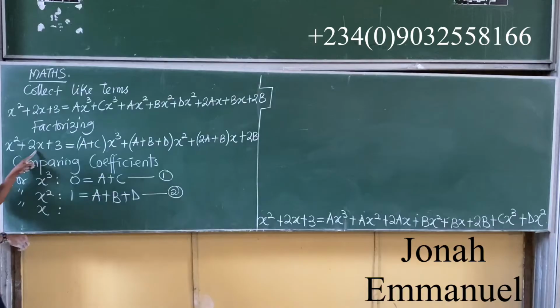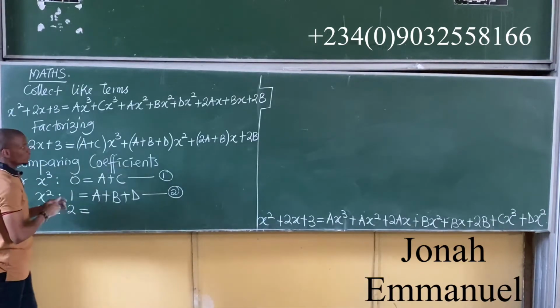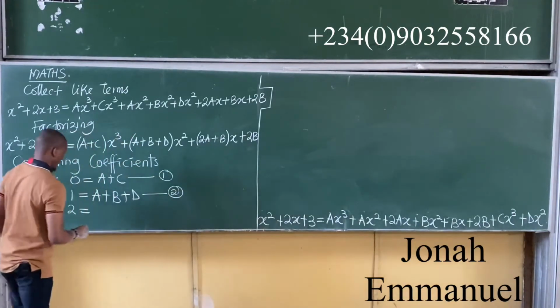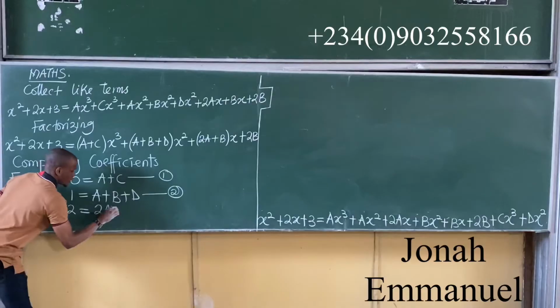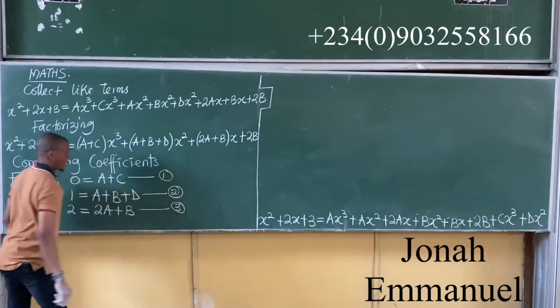Next, for x, the coefficient here is 2, so 2 is equal to 2a plus b. Call this equation 3.